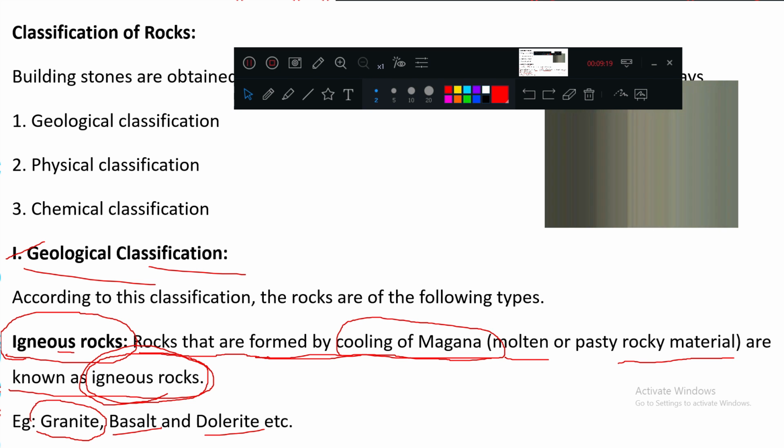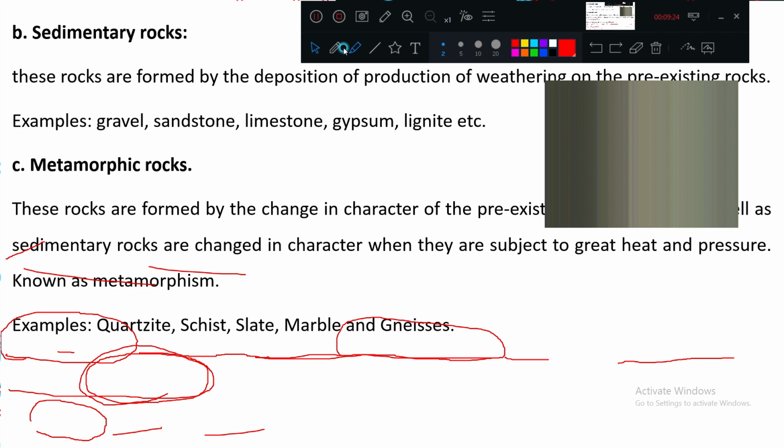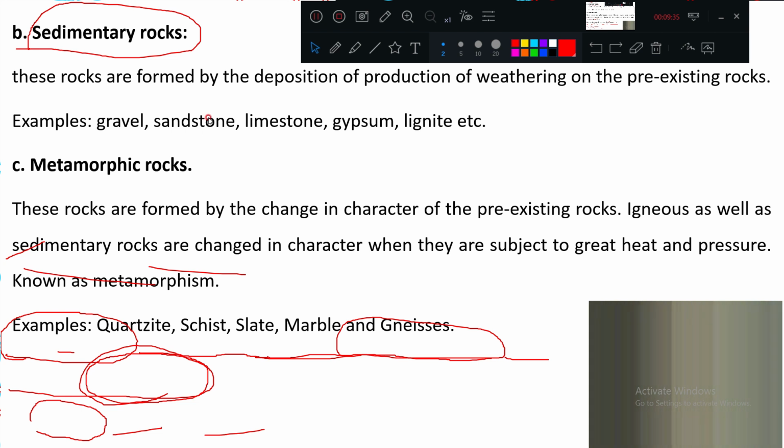Now the second classification is sedimentary rocks. After formation of the igneous rocks, the weathering process takes place. Weathering is nothing but the action of wind and water, that is, action of external agencies on the igneous rocks.